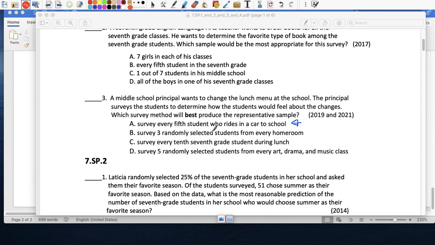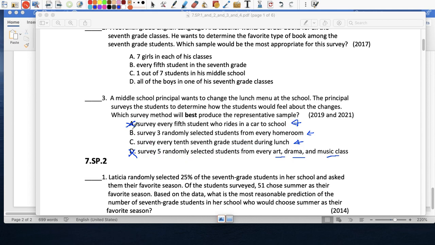Survey 3 randomly selected students from every homeroom. That's not a bad one. Survey every 10th grade student during lunch. That's not a bad one either. Survey 5 randomly selected students from every art, drama, and music class. That's a no, because not everybody takes these. So A and D are gone.